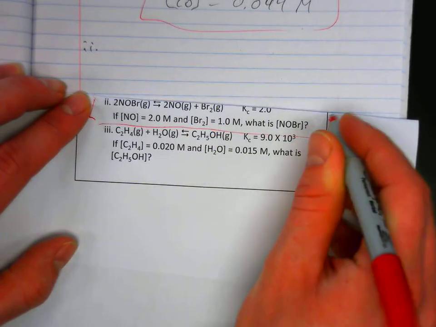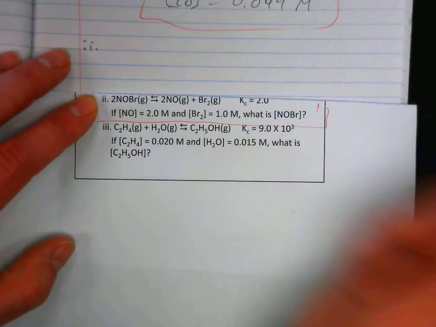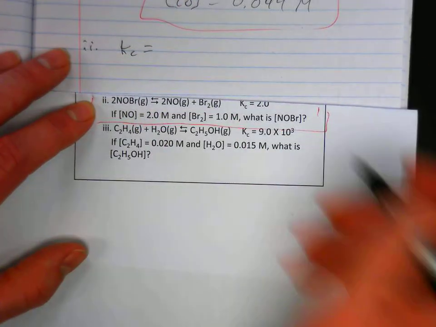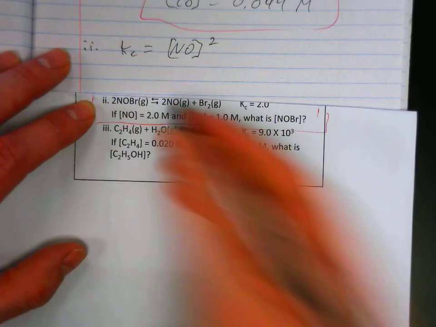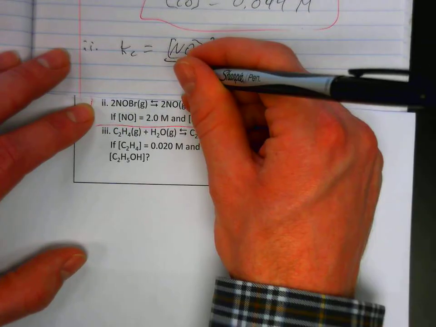So again, we're doing this problem. The equilibrium expression for that: Kc equals NOBr, brackets squared because of the 2 coefficient, over NO squared times Br2.